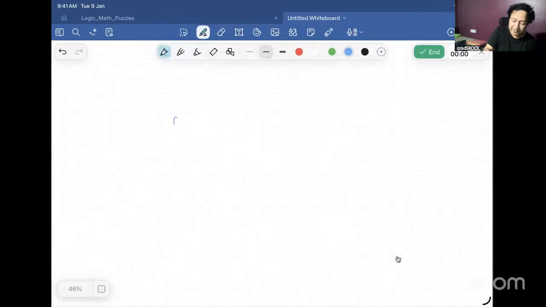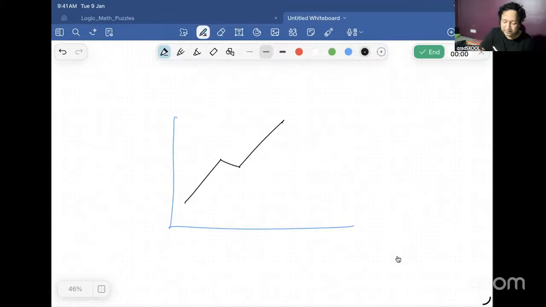So let's say this is the chart and I have a line which goes like this, then like this, then again like this. Okay. And now I can see, let's say this is the first, this is the second, this is the third line. I can see clearly that 1 and 3, they have same slopes.